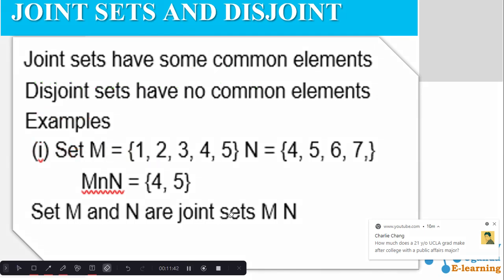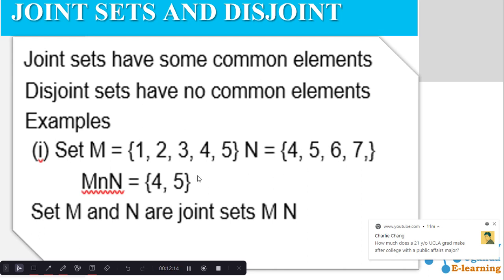Let's continue to another session, because we are given joint sets and disjoint sets. We also have some other examples that we are going to try out to demonstrate. For example, in our example number 1 we are given 1, 2, 3 up to 5. Also this side we are given 4, 5, 6, 7.